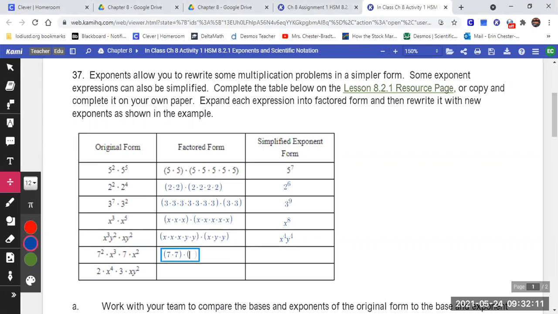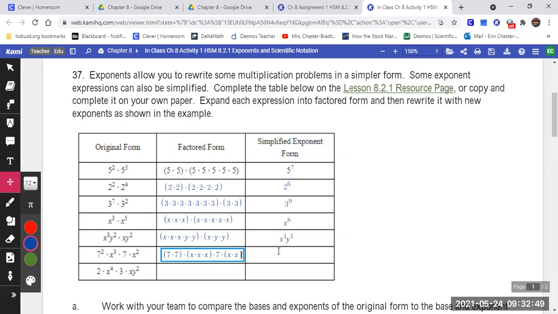How are we going to do X to the third? X times X times X, yes. Then we have to do the next piece, which is the 7. There's only one of them. And the next piece, X squared. What are we going to do? Yes, X times X. Oops. No C's, just X's.